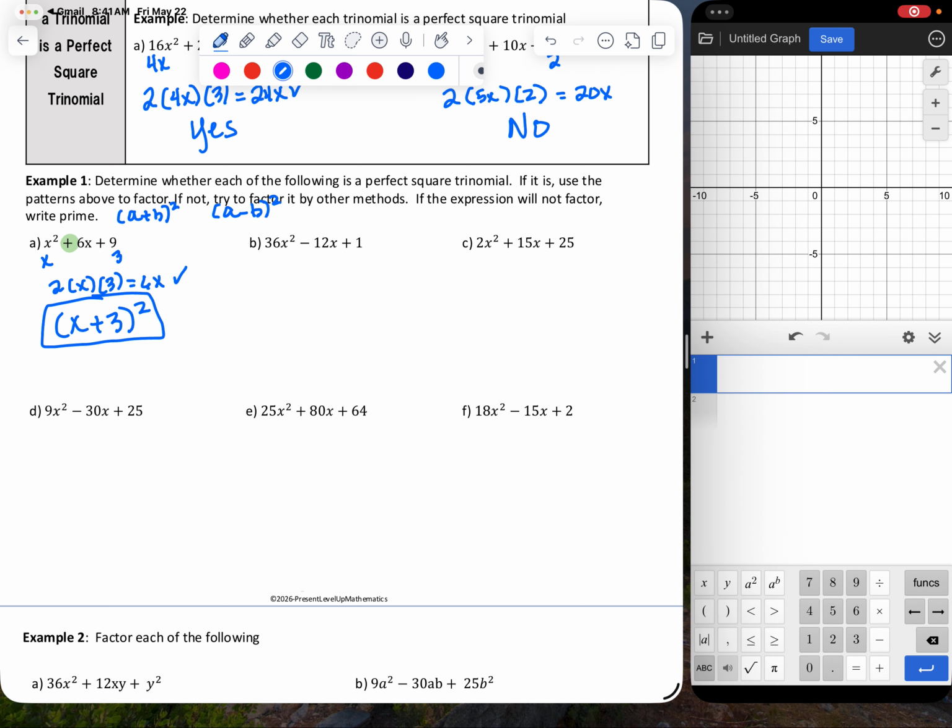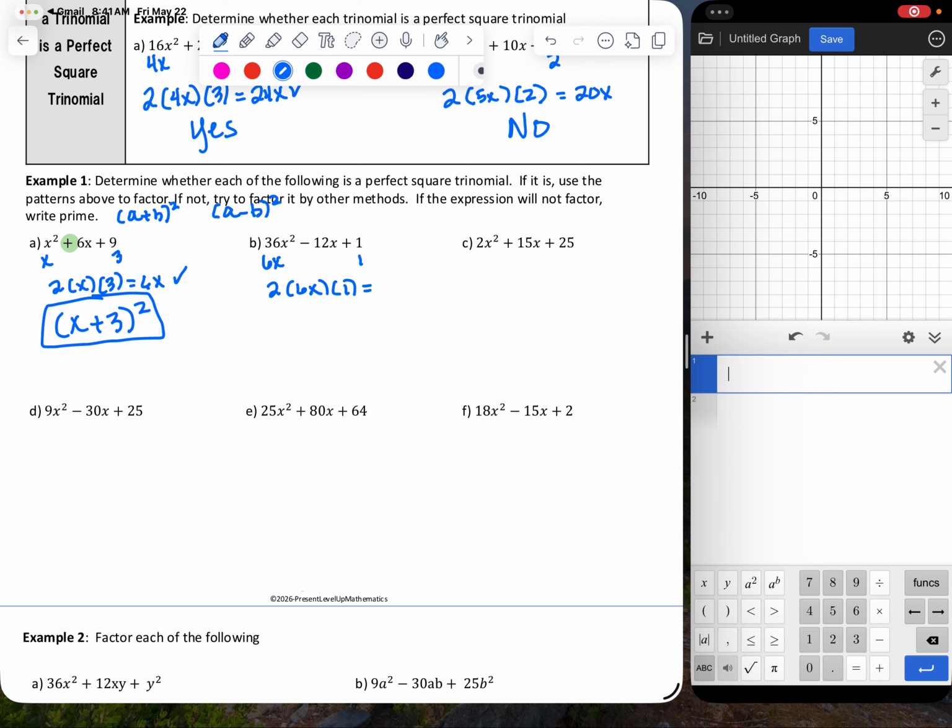All right. Problem B, 36x squared minus 12x plus 1. So the square root of our first term is 6x. The square root of our last term is 1. Now we have to check if I multiply those two square roots by 2, will I get the middle term?